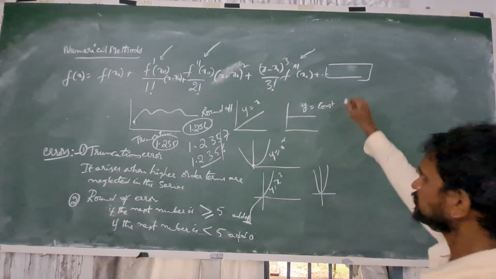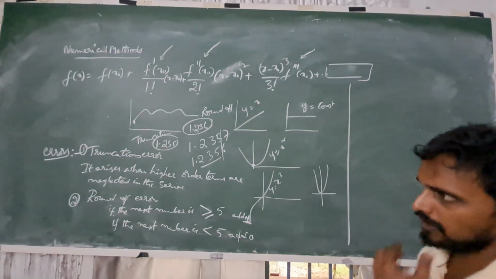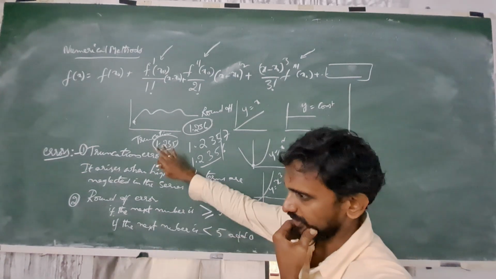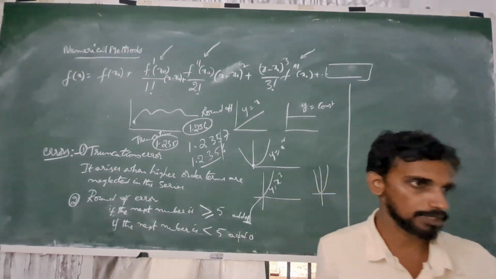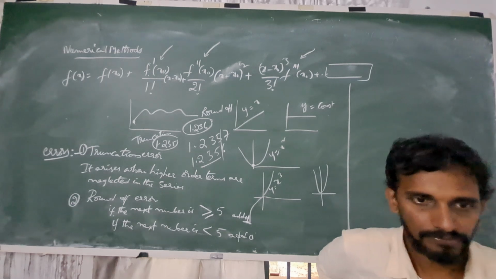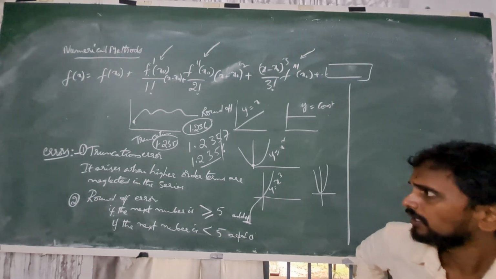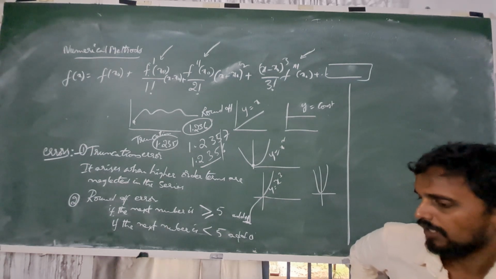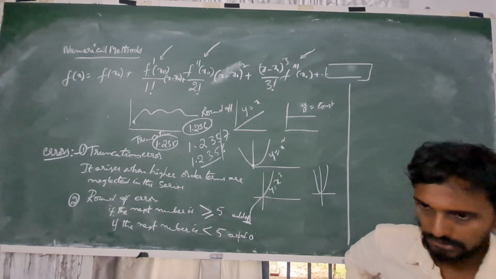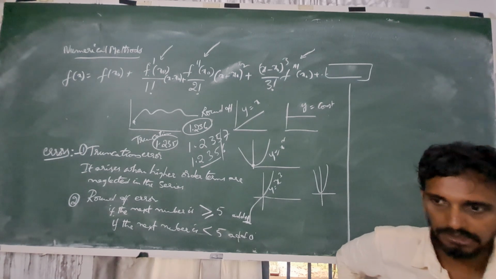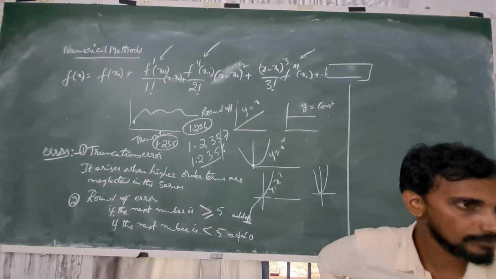Okay, so these are the two types of errors that we come across in numerical calculations. And coming to error estimation, how much that error is, is a matter of discussion again.